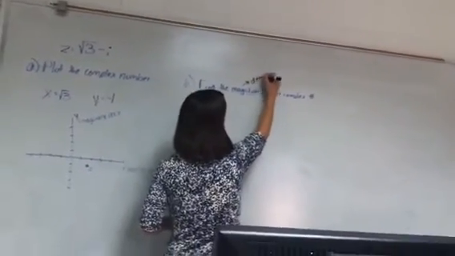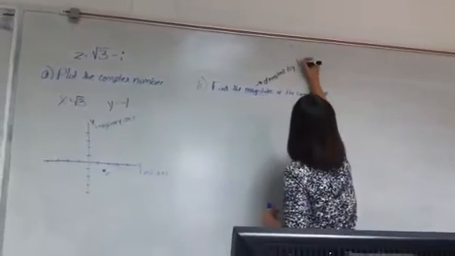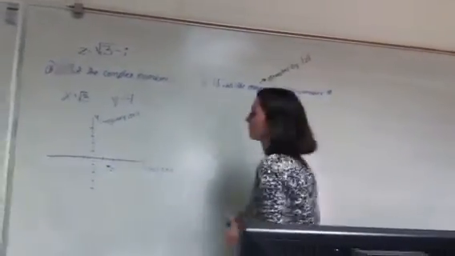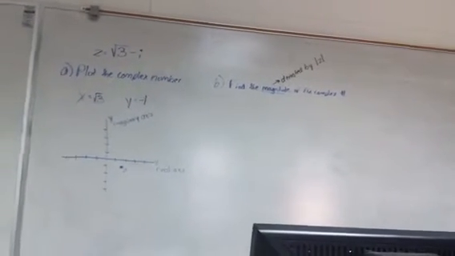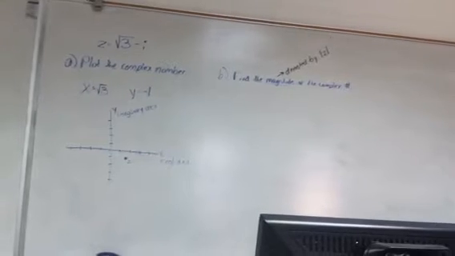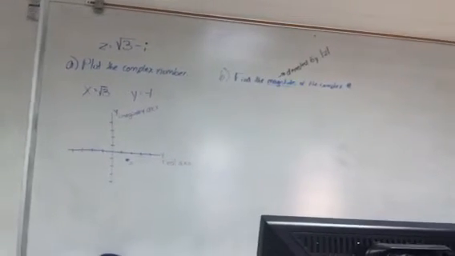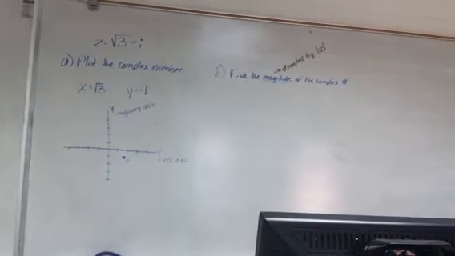If they're talking about magnitude, they're going to write it with straight parallel lines. It does not mean absolute value. It looks like an absolute value, but we're not talking about anything where an absolute value would come into play here.